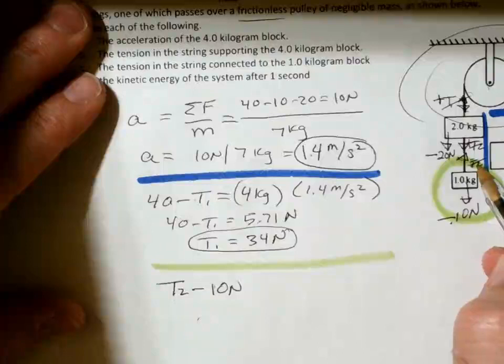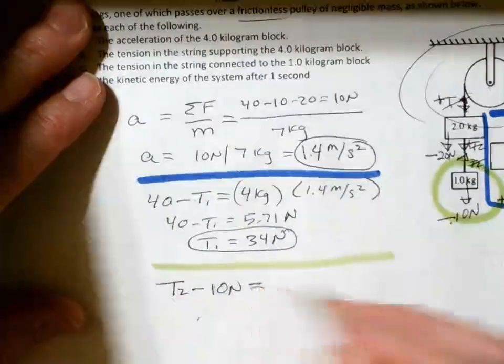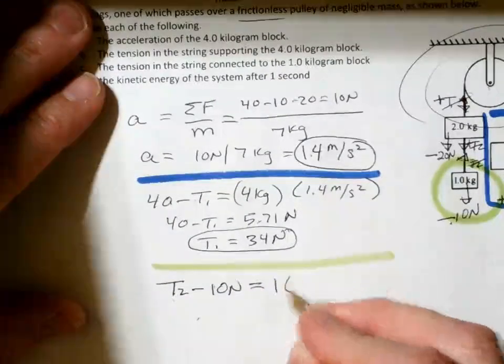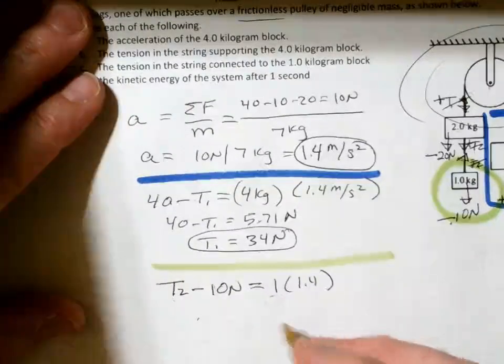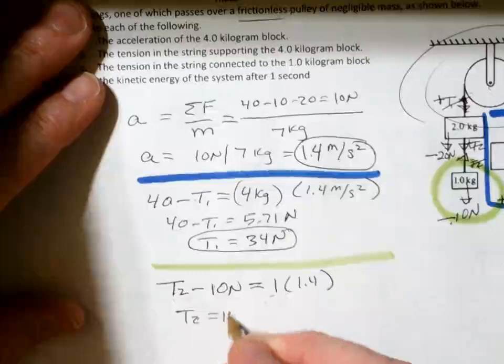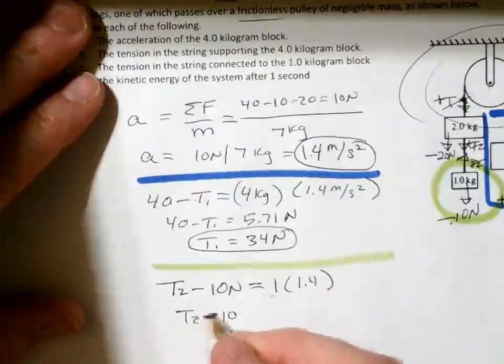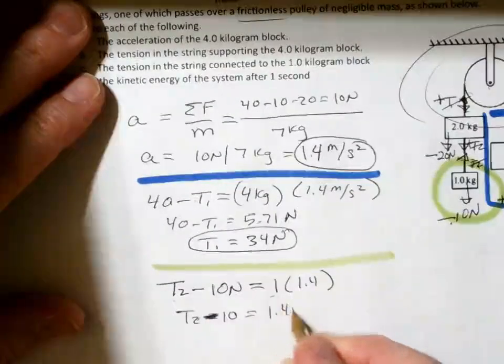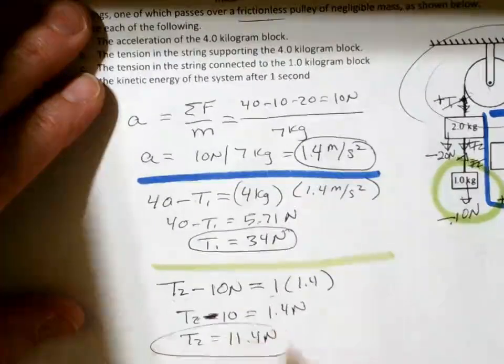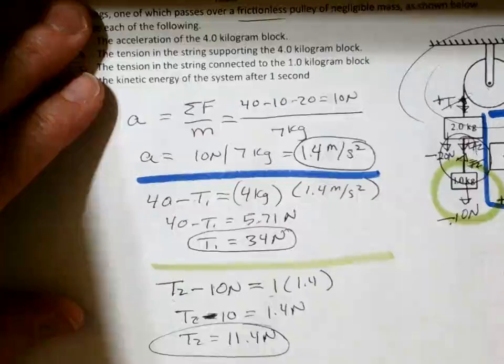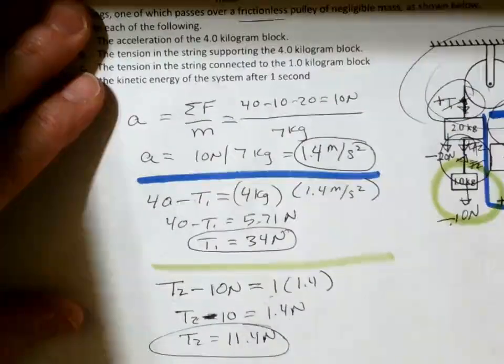That was positive at the beginning of the problem, so it's still positive. And this is equal to the mass, which is 1 kilogram, times the acceleration. So multiply 1 by 1.4. I'm going to do it in my head. The tension minus 10 equals 1.4 newtons. So T2 is equal to 11.4 newtons. So the tension here is 11.4, and the tension here and here is 34.